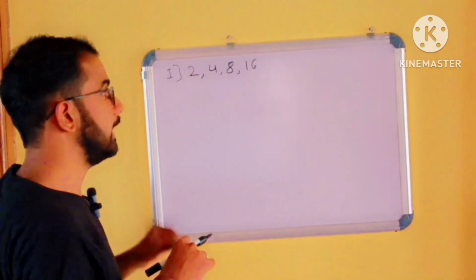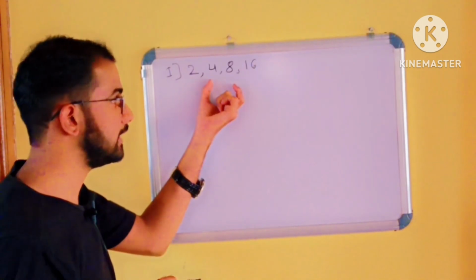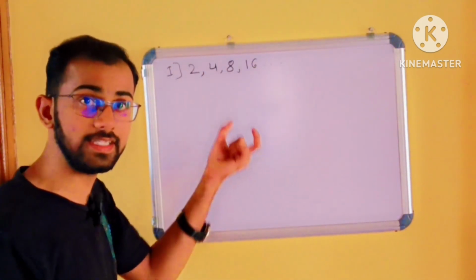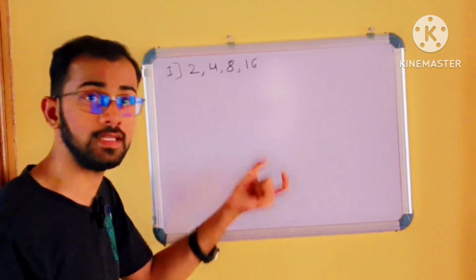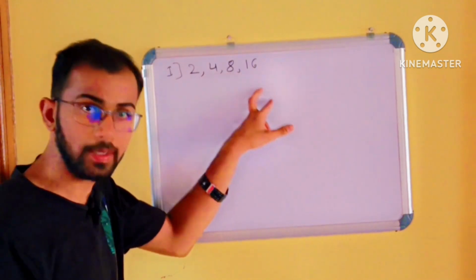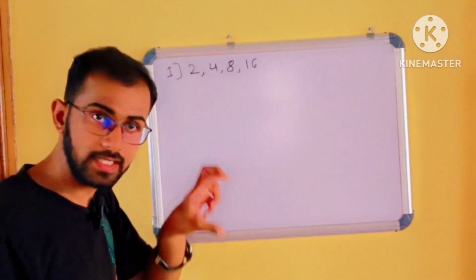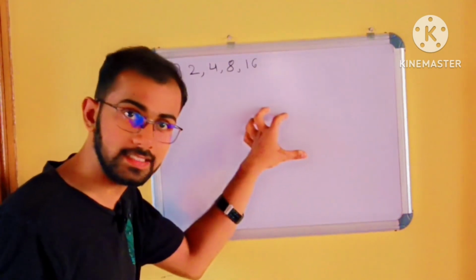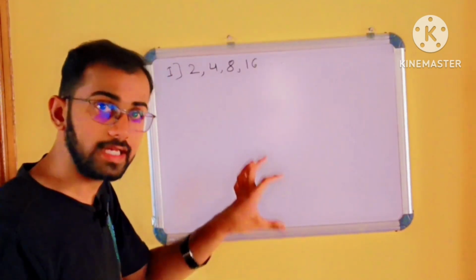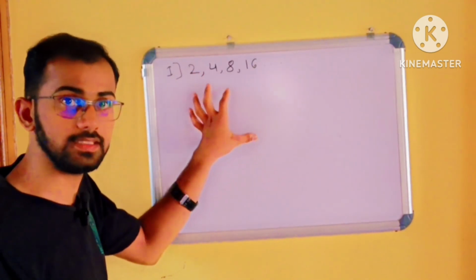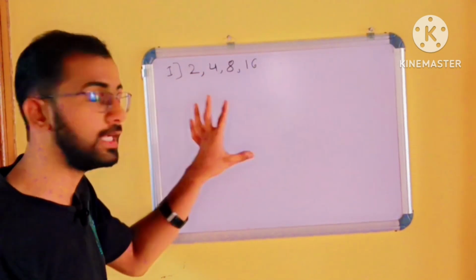In order to find whether the given sequence is in arithmetic progression or not, first we need to check the common difference between any two consecutive numbers. If that common difference, indicated by D, is the same everywhere in the sequence, then we can say that the given list of numbers is in arithmetic progression.